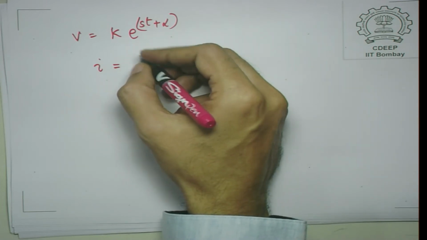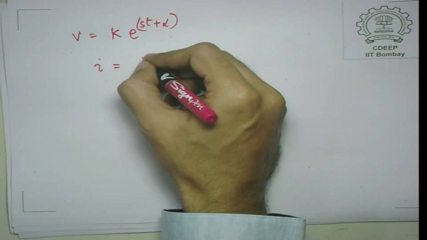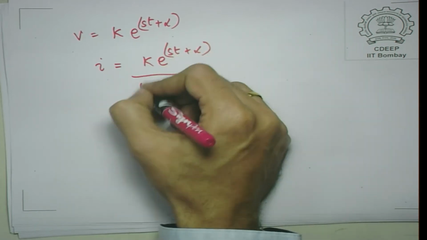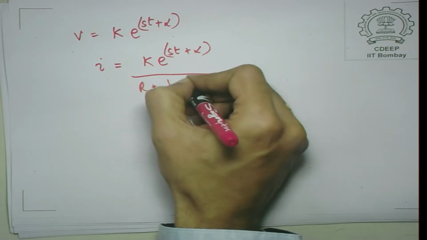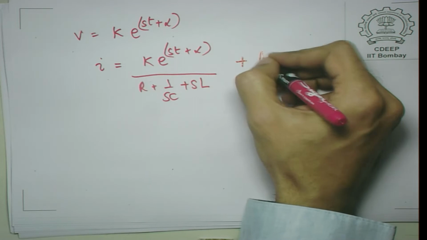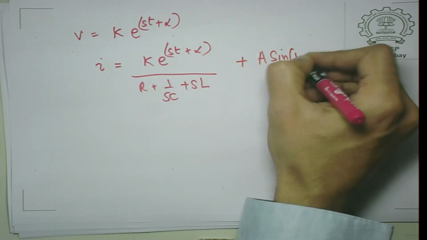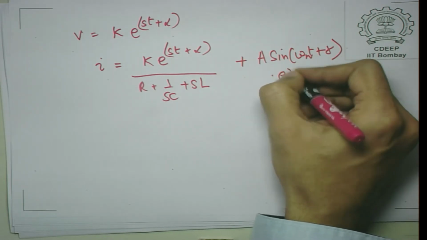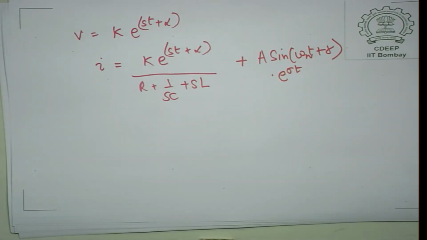The current would be k e raised to st plus alpha divided by r plus 1 upon sc plus sl, and the natural response would be given by E sin omega n t plus gamma into e raised to sigma t. So, this is the final response which you get.